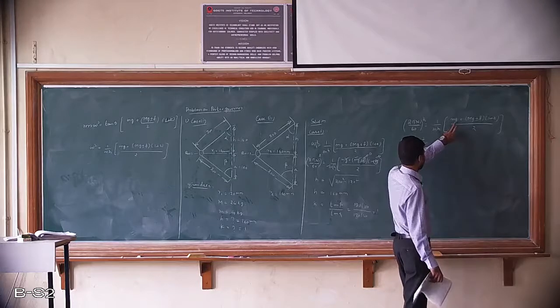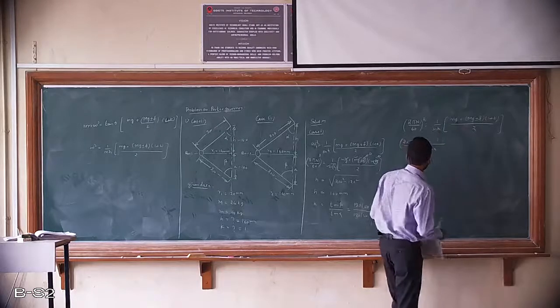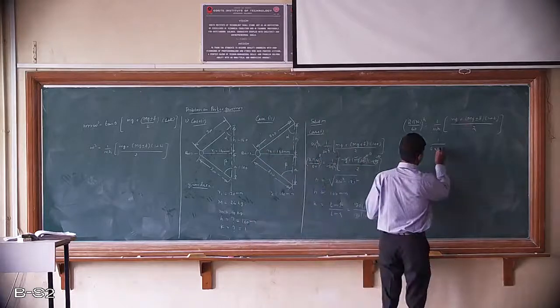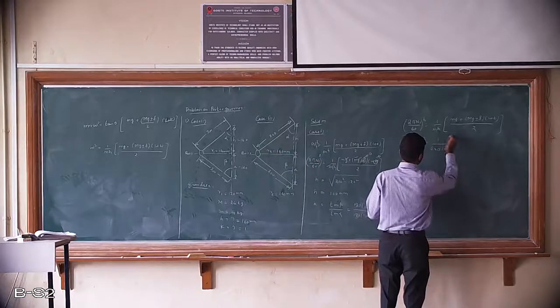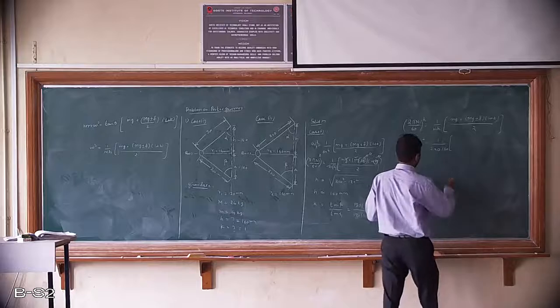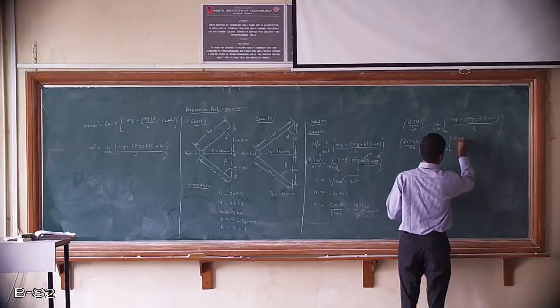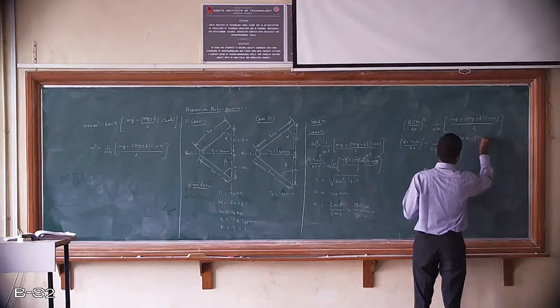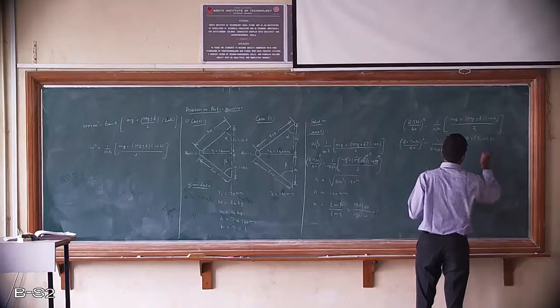So I will convert h as 160 mm in terms of meters, which becomes 0.160 meters. So the small m is 4 into g is 9.81 plus capital M is 24 into g is 9.81.